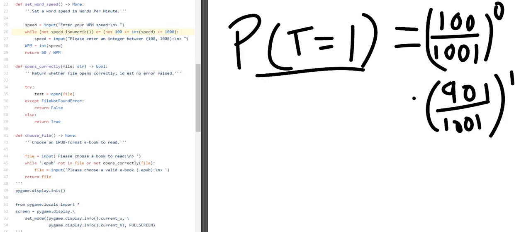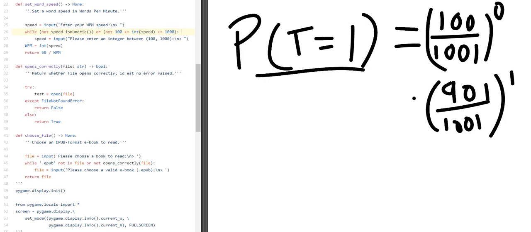It kind of resembles it, but the only reason I said geometric is because every time we pick one of these numbers for the speed, we'll assume that the user is picking these numbers independently, and each event is independent each time he picks a speed.